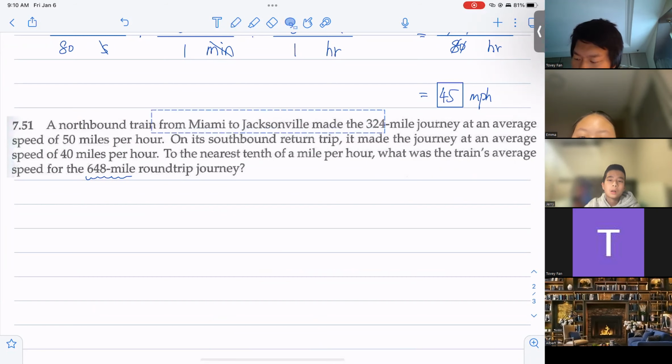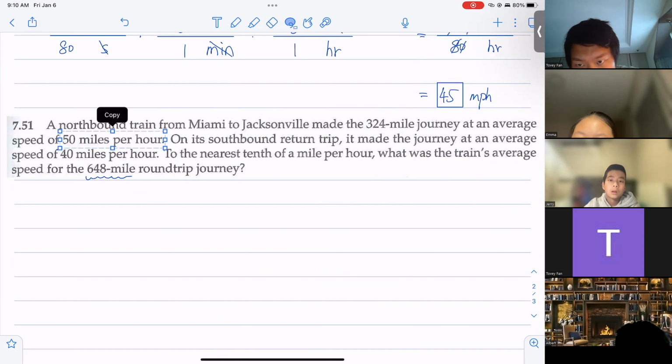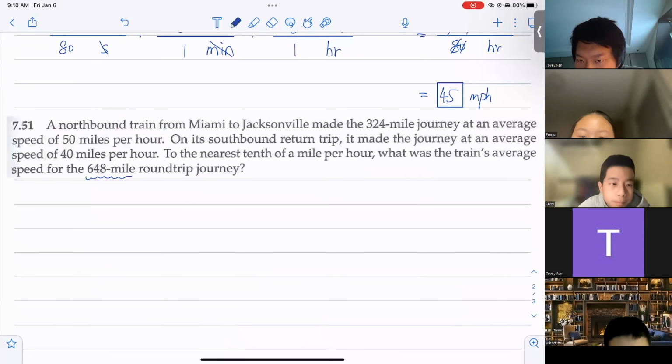In the first part of the trip, the train goes 324 miles. The speed is 50 miles per hour, right? So what is the time here? Anyone? Or Emma? 324 over 50.